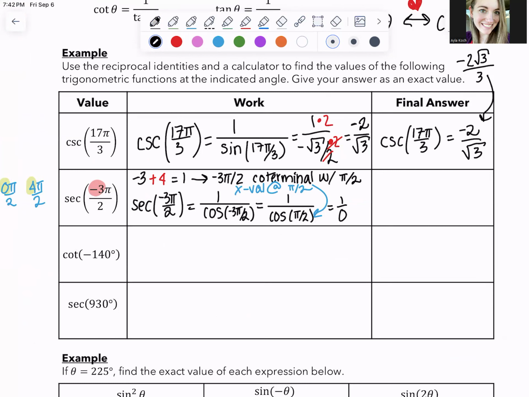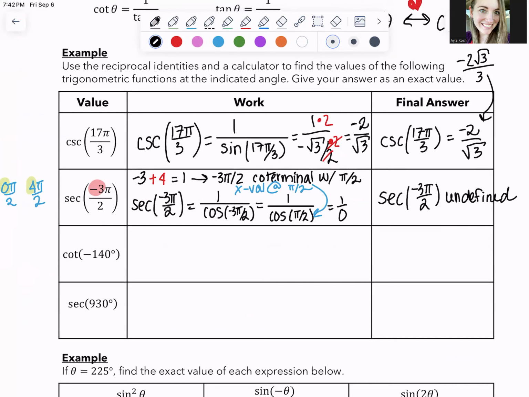So in this case, secant of -3 pi over 2 is undefined. And by the way, when you go to plug it in, you could just plug in this without converting the coterminal angle. You don't need to, you could just do 1 over whatever the cosine is, plug it into a calculator to give an answer.